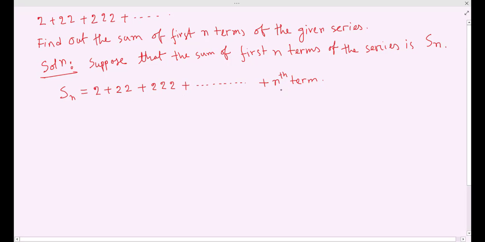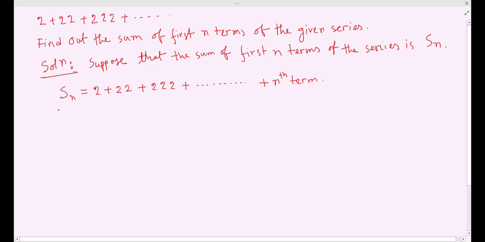Now what we have to do is make this series like 1 plus 11 plus 111, like this. Our target is to make this series like 1 plus 11 plus 111. To do this, we have to divide both sides by 2.